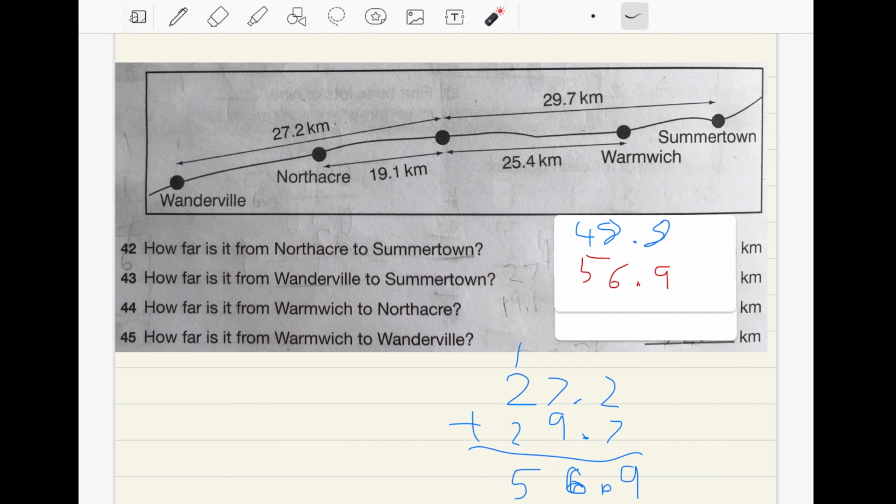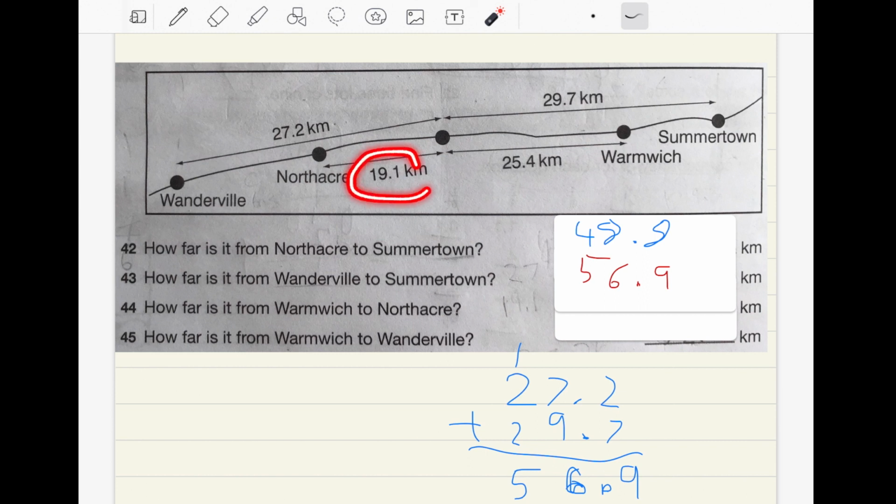Next question is how far is it from Woolwich to Norfolk? Norfolk is over here, and Woolwich is over here. Think of these two arrows as one whole line, and this one whole line goes to Woolwich.